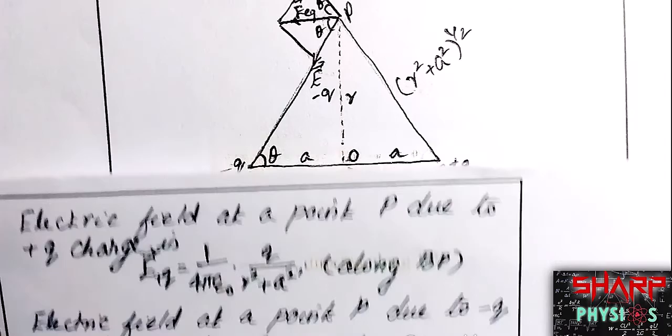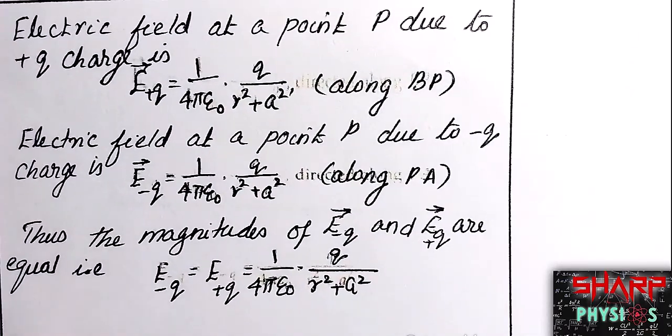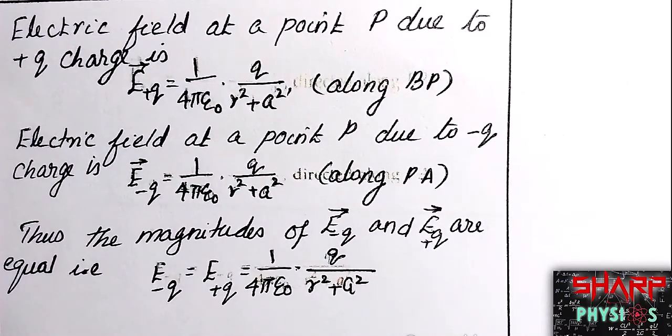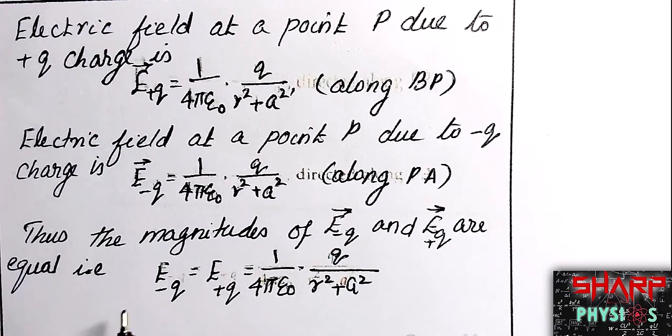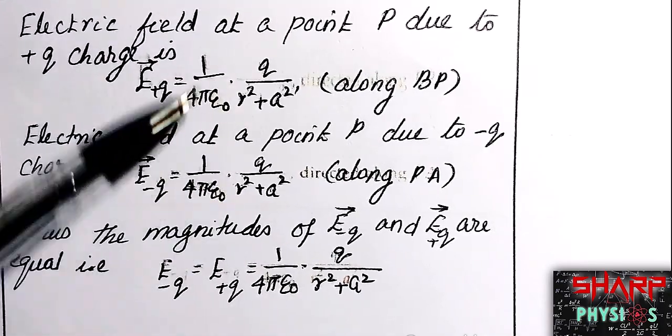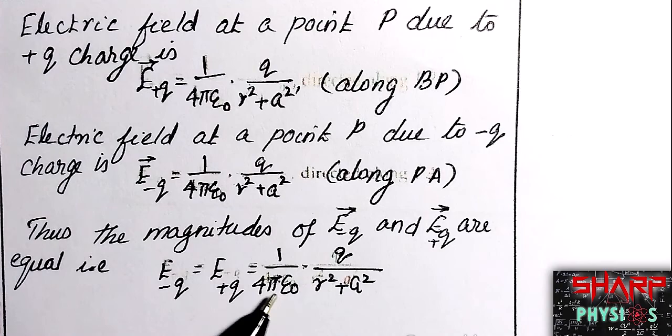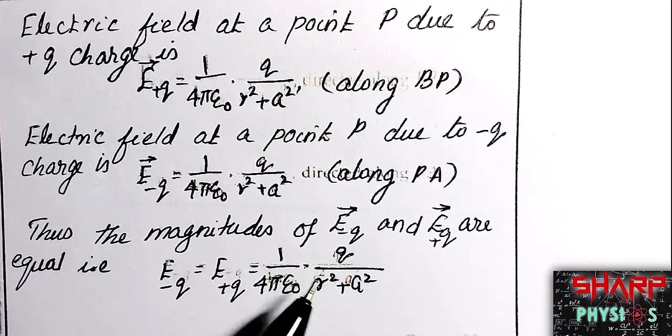From this we can find out that the magnitudes of the electric fields on both sides are equal. So E Q minus is equal to E Q plus, because both are equal, is equal to 1 by 4 pi epsilon 0 into Q by R square plus A square.